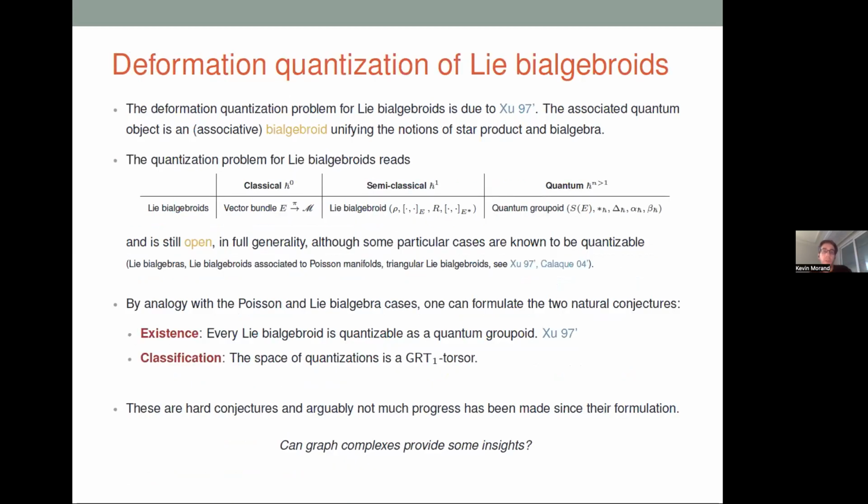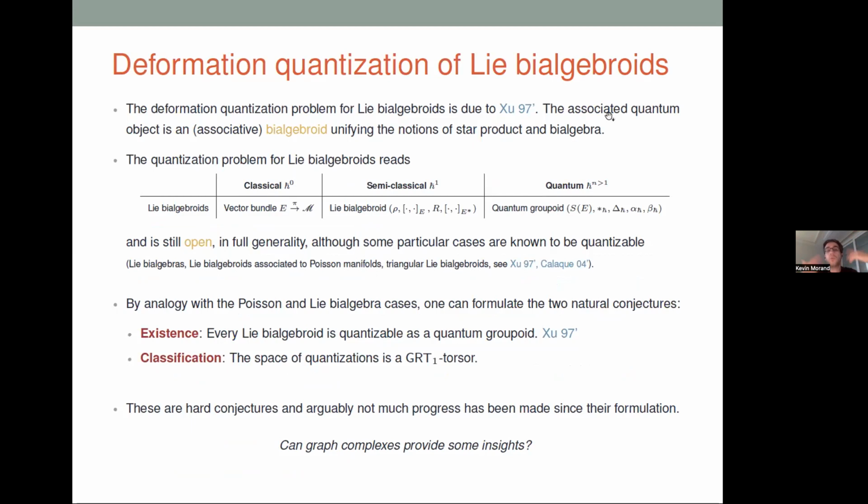Okay, so let me say a word about the deformation quantization problem for Lie bialgebroids. As we saw earlier for Poisson manifolds and Lie bialgebras, we can introduce a similar quantization problem, which unifies somehow the quantization problem for Poisson and Lie bialgebra. This problem is due to Ping Xu in 1997.